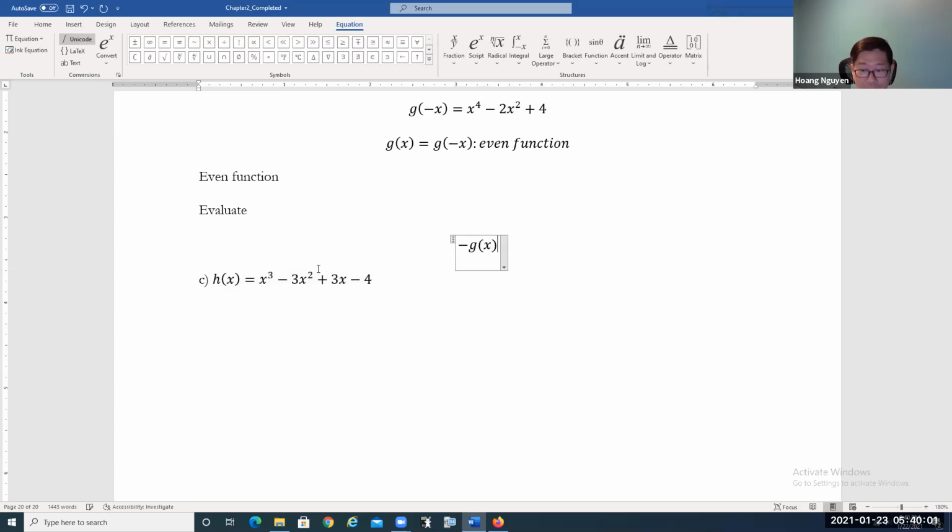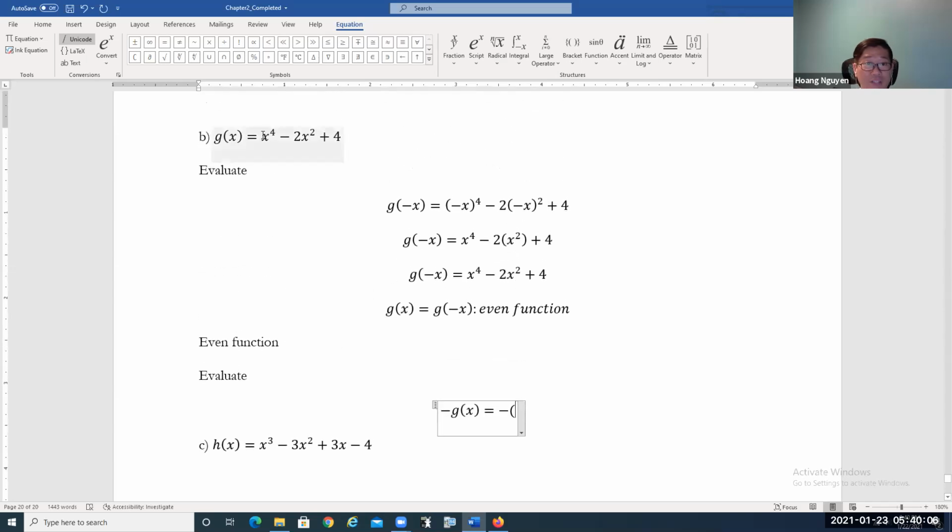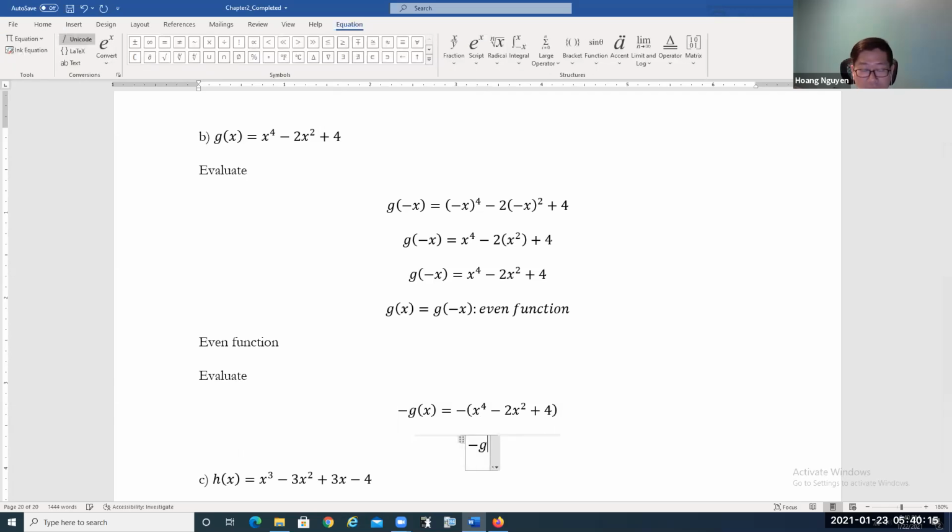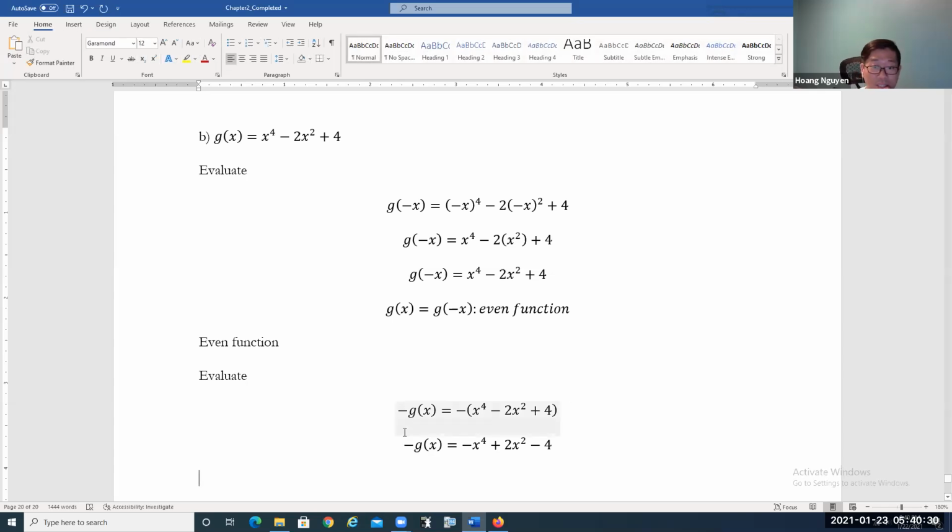Negative g of x means that we have the negative of the function g of x right here. So negative g of x equal negative x to the power 4 plus 2x to the power 2 and then minus 4. Okay. So this is negative g of x.